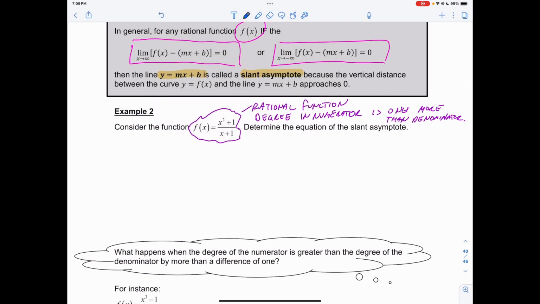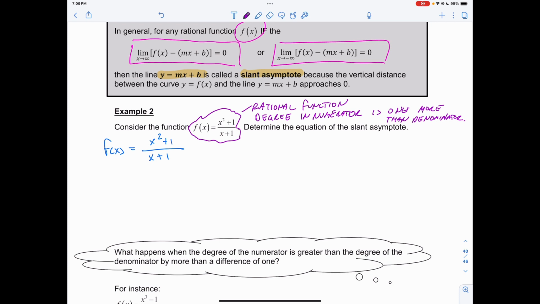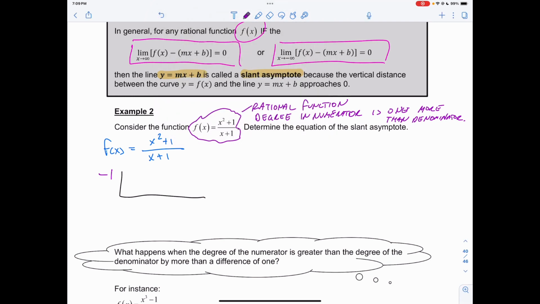If f of x is equal to (x squared plus 1) divided by (x plus 1), then I'm going to factor out that x plus 1, and I'm going to get a coefficient of 1 for x squared, of 0 for x, and of 1 for the constant.